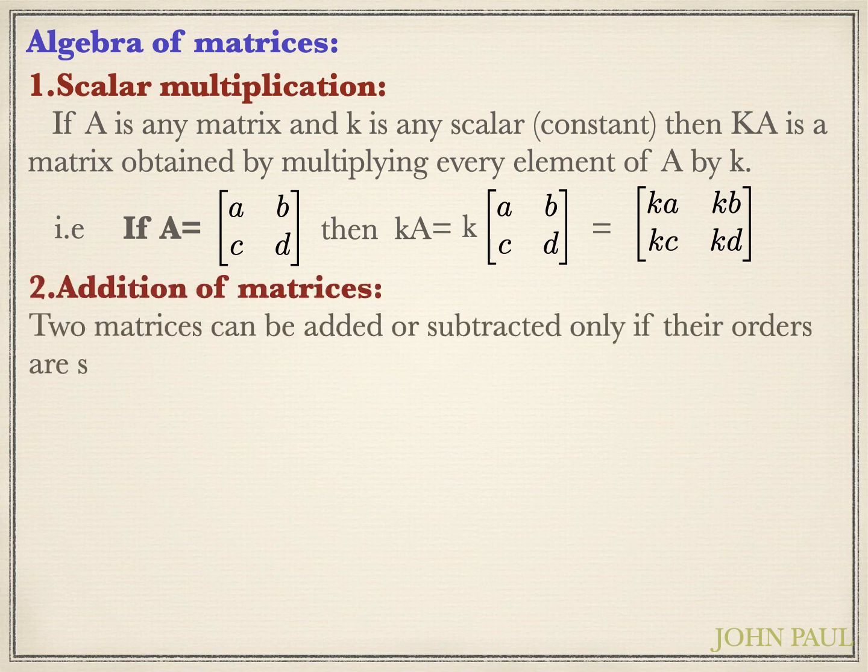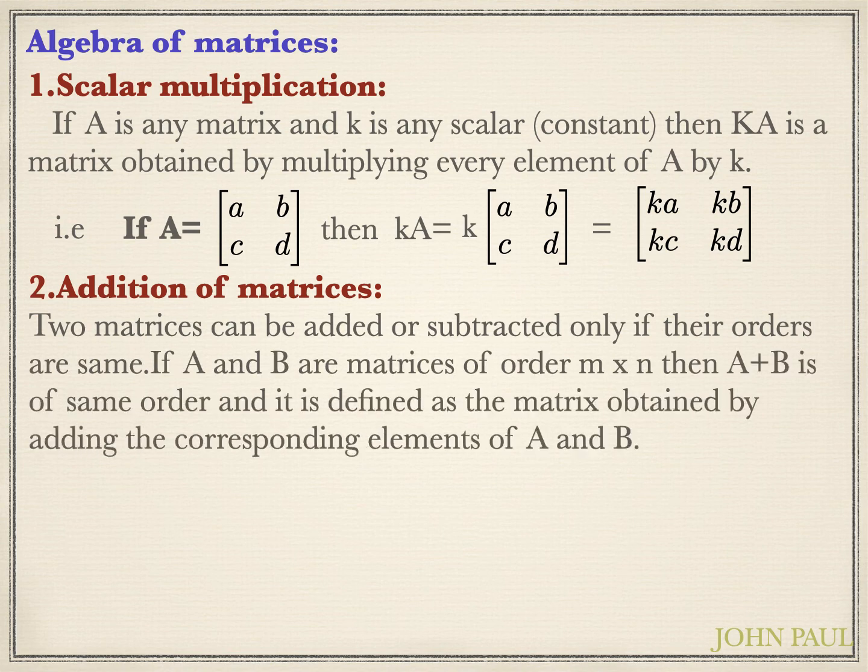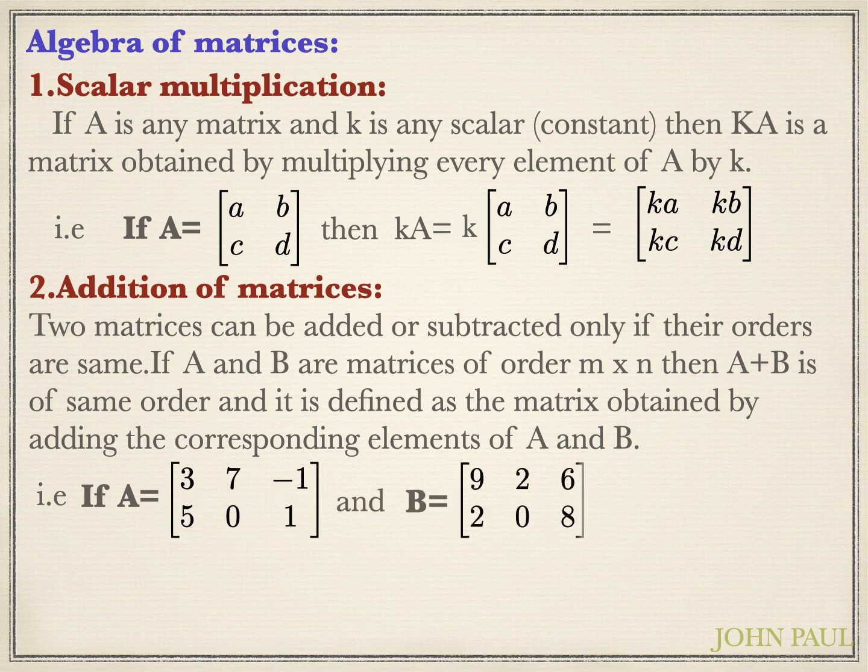Addition of matrices. Two matrices can be added or subtracted only if the orders are the same. If A and B are matrices of order m by n, then A plus B is of the same order, and it is defined as a matrix obtained by adding the corresponding elements of A and B. That is, let us consider A equal to a matrix and B equal to a given matrix.